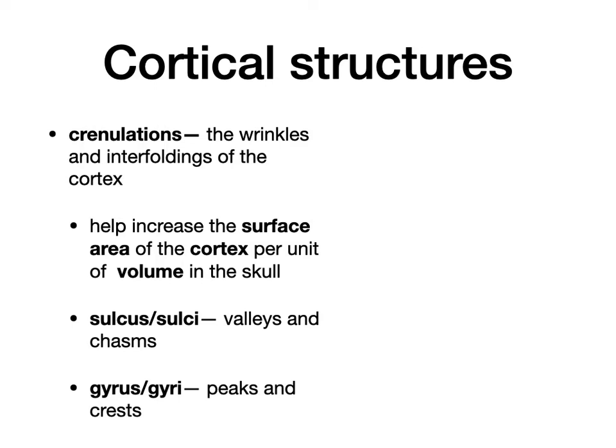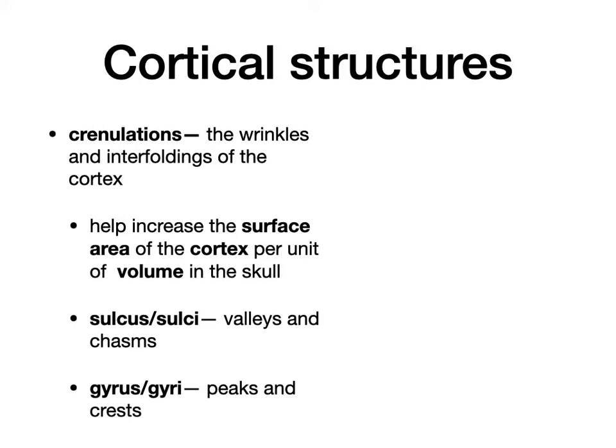If I could only have a layer of cortical neurons as spread out as the interior, smooth surface of the skull is, that would be a rat brain. I need more surface area, so more neurons in this layer, so my brain wrinkles up, right?